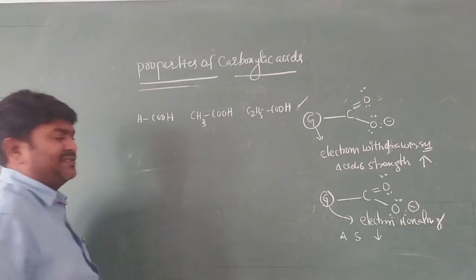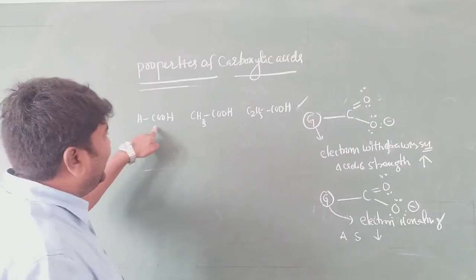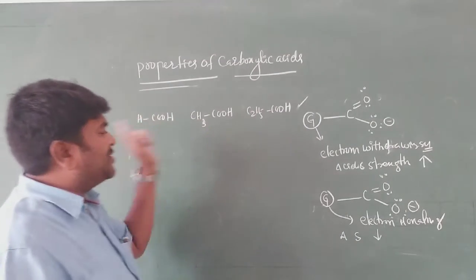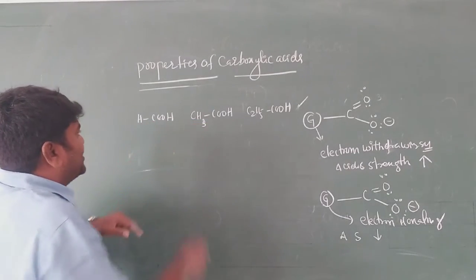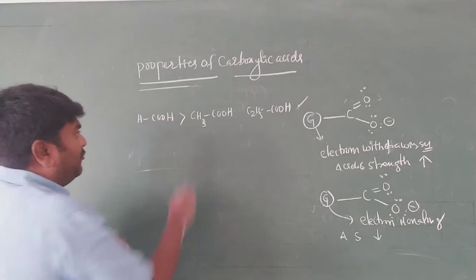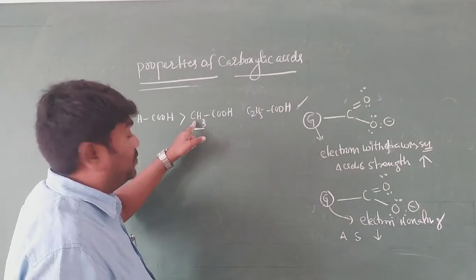All are acids. It is formic acid, acetic acid, and propanoic acid. You have to see here. Formic acid is a stronger acid than this one, because this is called an electron donating group.